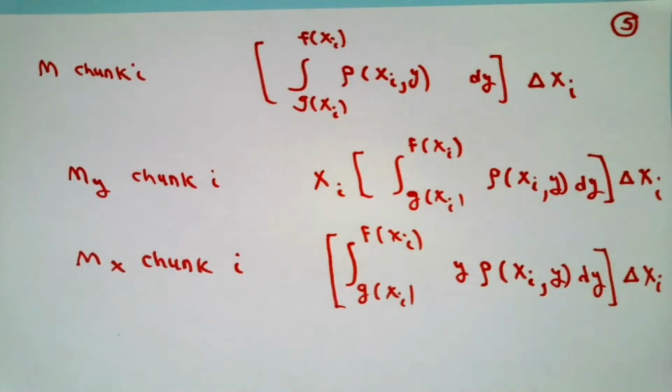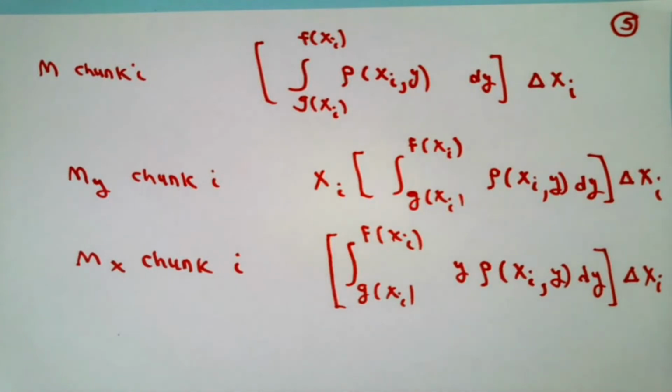So returning to these three formulas we have here, as I was saying, despite appearances, none of those things inside the brackets actually depend on y. They do depend on x number i, but they don't depend on y.